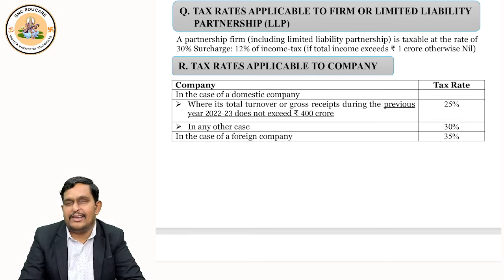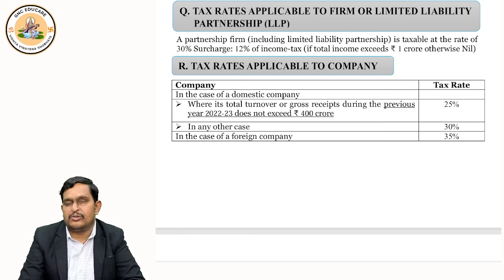So that's why income tax wants to check that turnover. And if the 22-23 financial year, I'm telling financial year, okay? 22-23 financial year's turnover is more than 400 crores, then your tax rate will be 30%.